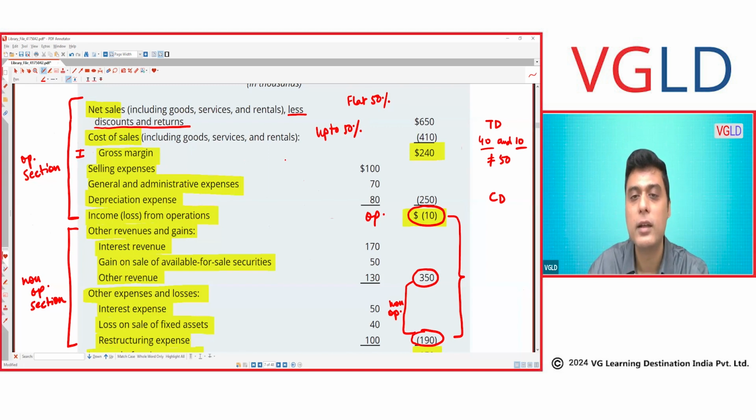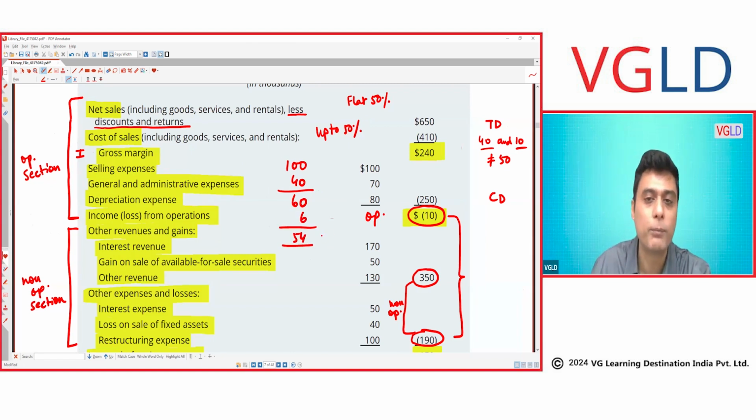40 and 10 basically means if it's a $100 item, we are giving you a 40% discount. So it is 60. On top of that, we are giving you another 10% discount, that means $6. So it is 54. So ultimately, you have to pay 54. But how much discount did you get? 40 and 6, 46.